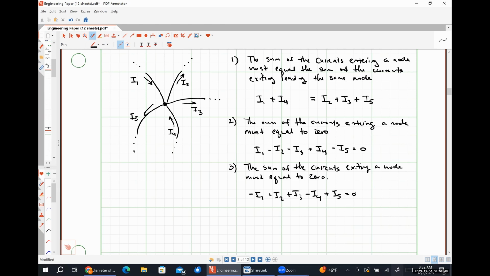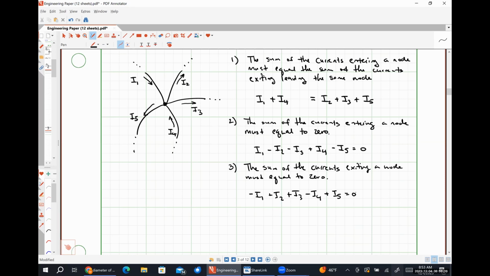So these are the three different ways that we can look at Kirchhoff's current law. Realistically, any of them work, or all of them work. And so you can use whatever one you're most comfortable with. That being said, nodal analysis, which is what we're going to get to about this time next week, I believe, will be a little bit easier on you if you start using option 3 there.